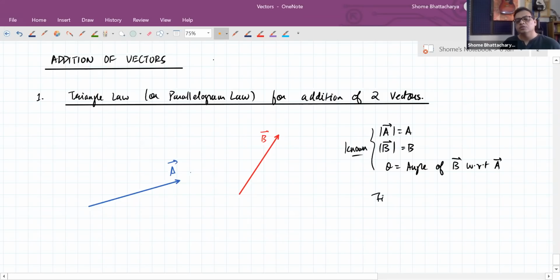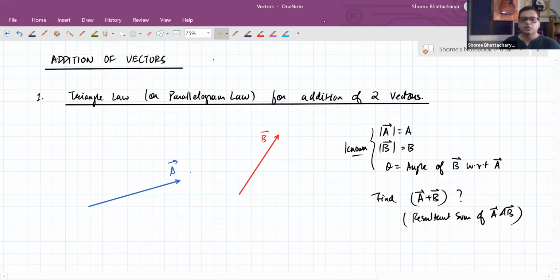Then we can find out A plus B. This is called the resultant sum of vector A and B. So this we can find out by using the triangle law.